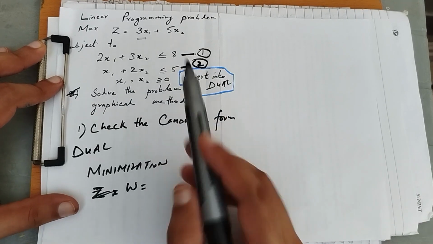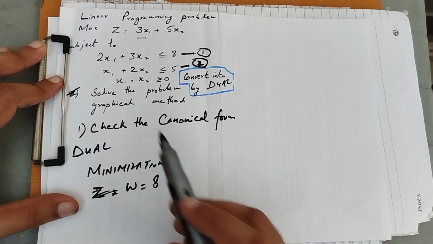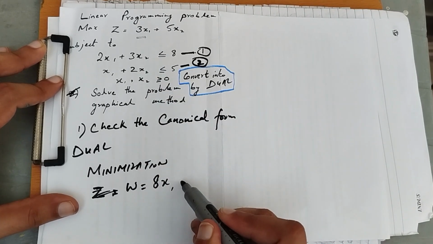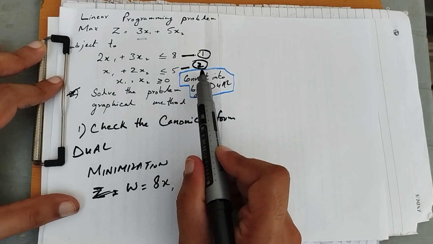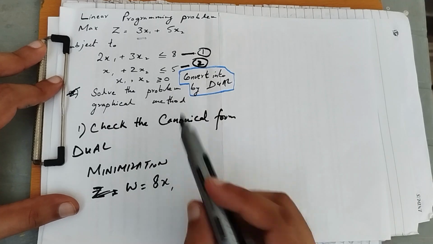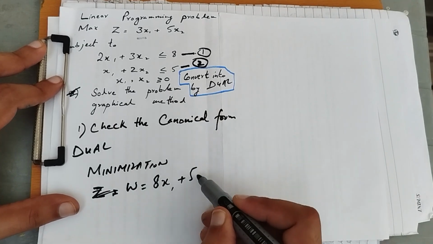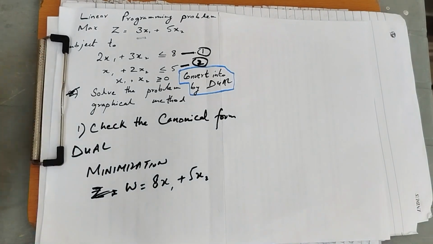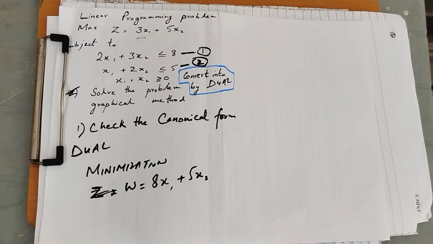So we will write 8 over here, and the variable will be the same. The second constraint's right hand side is 5, so we will write plus 5. The variable would be the same. So this is the minimization function in the dual form.